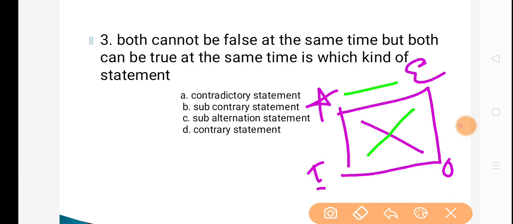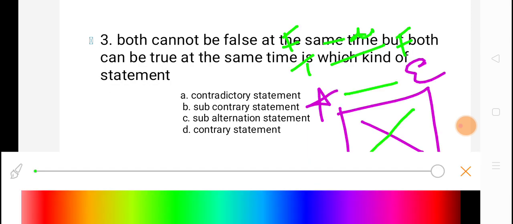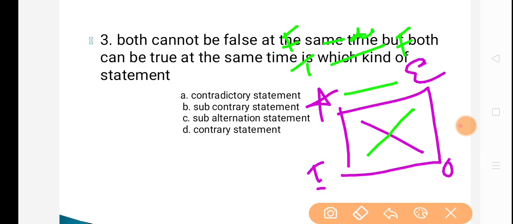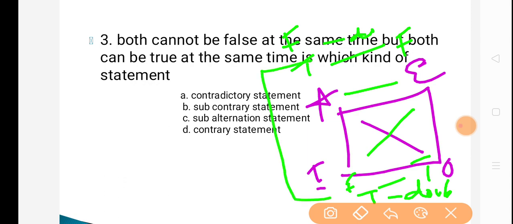The relation between A and E is, if one is true, the other is false, but if one is false, the other is doubtful. Like that, here if one is false, the other will be true, and if one is true, the other will be doubtful. So just remember this as an opposite.